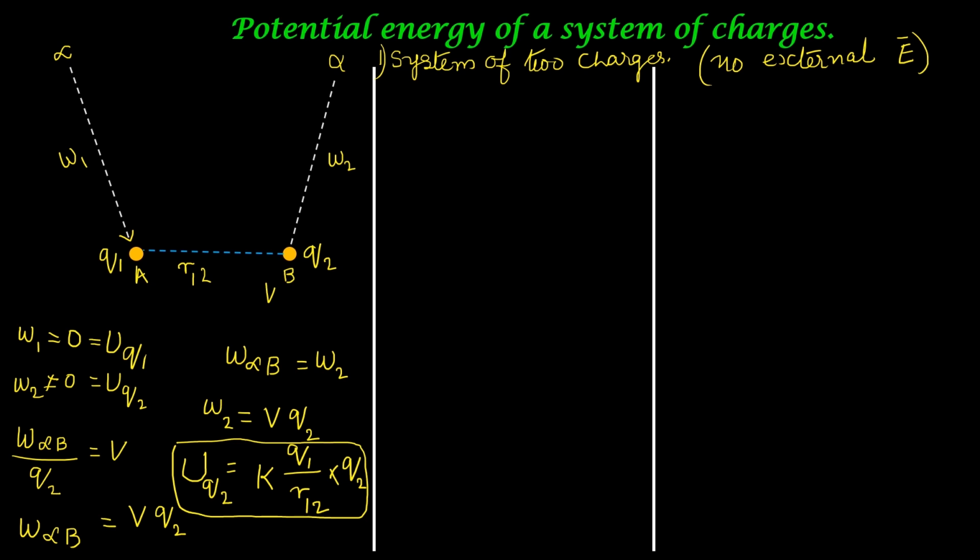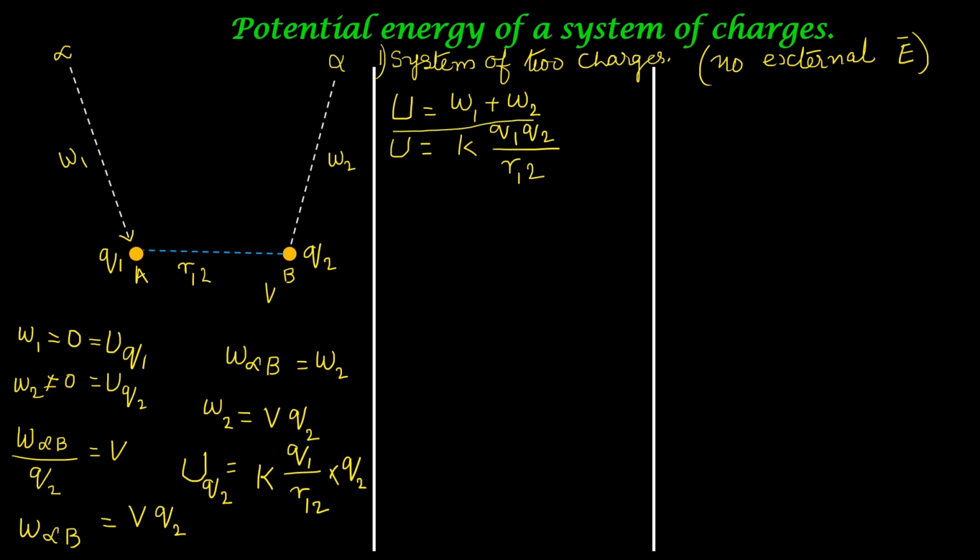Total potential energy U of the system of two charges will be equal to W1 plus W2. That is potential energy of charge 1 plus potential energy of charge 2 equal to K Q1 Q2 by R12 because the value of work done for first charge W1 is 0.